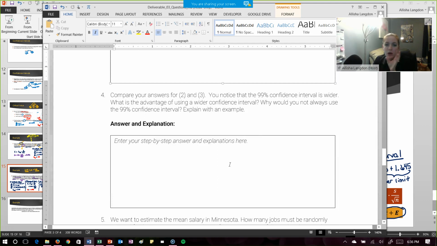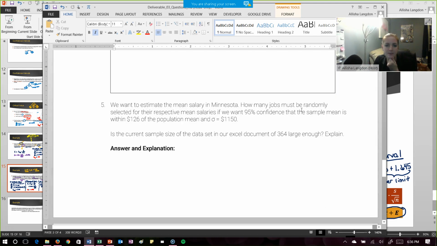And then number 4, we haven't really talked about that, but you can research it and look into it a little bit more if you want to. Why are some confidence intervals wider, and what's the reason for that? Particularly, why is a 99% confidence interval wider? You can probably do some research on that and get an idea.